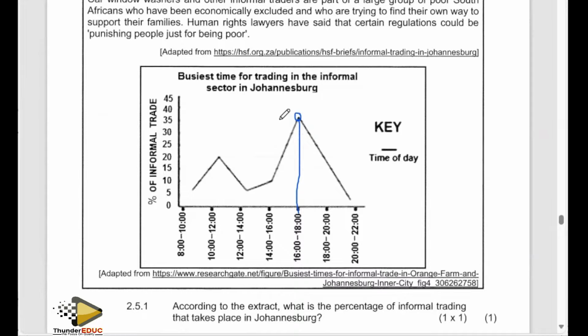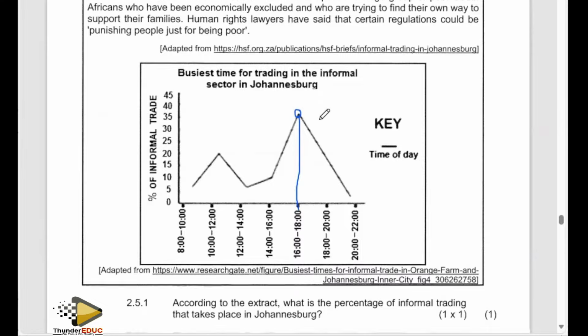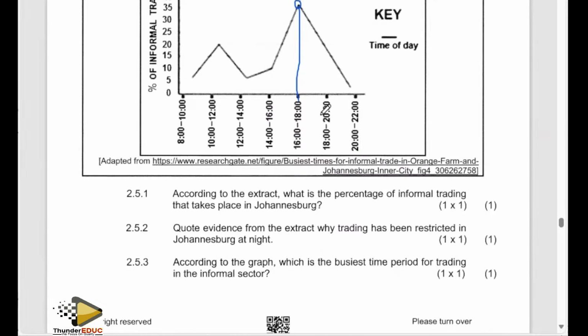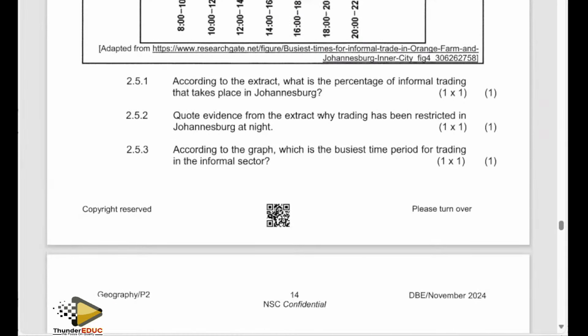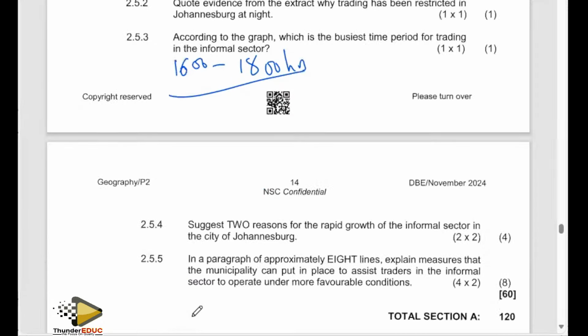So our correct response is between 1600 hours to 1800 hours of the day. That is 4 p.m. to around 6 p.m. So it's 1600 to around 1800 hours. That is where there is highest activity happening in the informal sector.